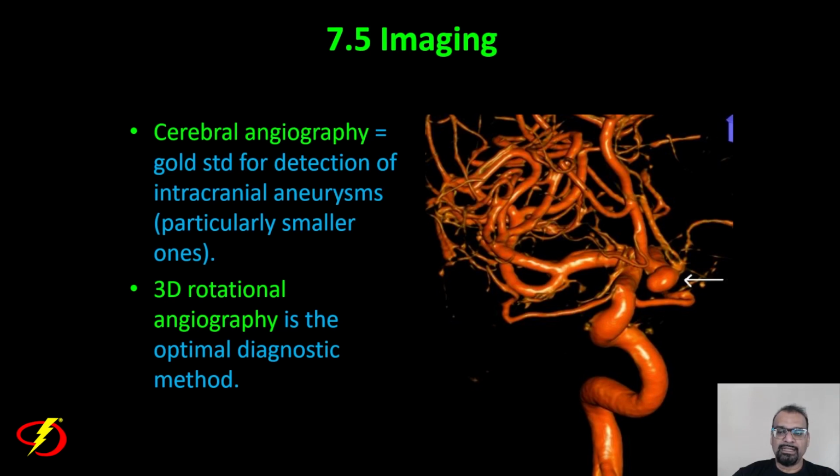Now, cerebral angiography is considered the gold standard for the detection of intracranial aneurysms, particularly the smaller ones, less than 3 millimeters in size. 3D rotational angiography is the optimal diagnostic method, meaning we do these studies now where we could do 3D rotational angiography and reproduce all these vessels three-dimensionally.